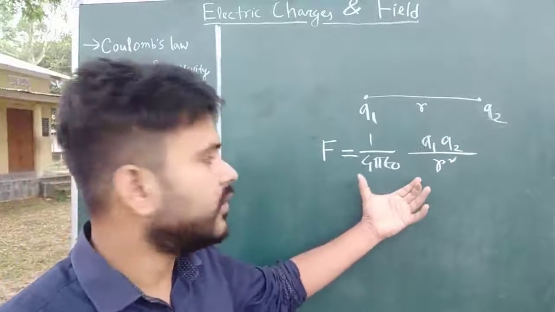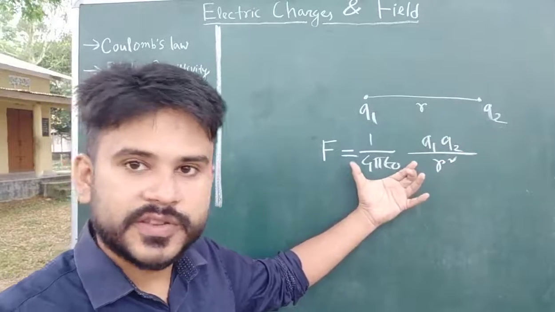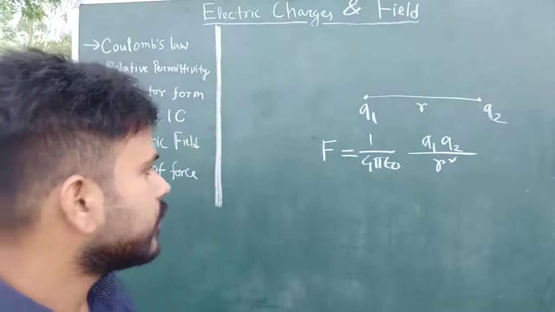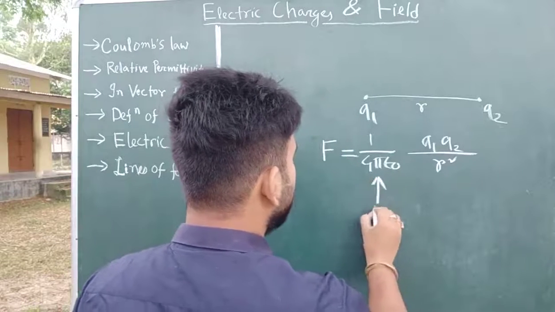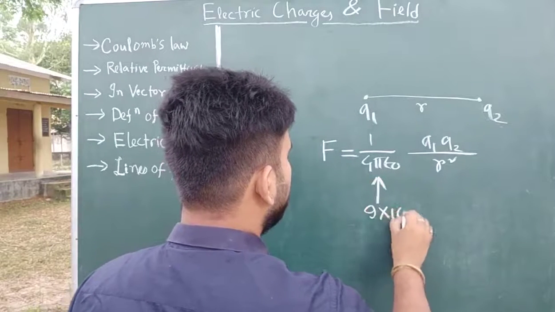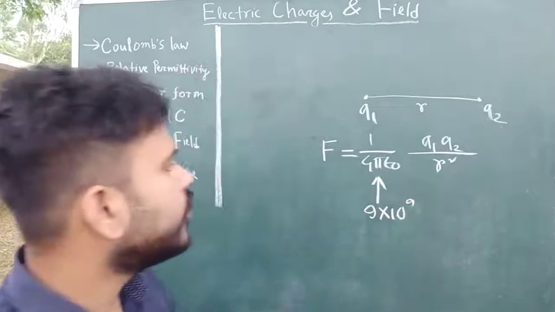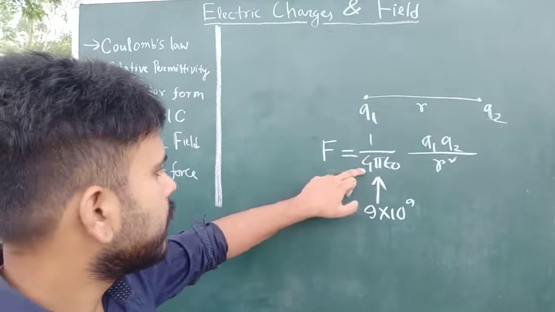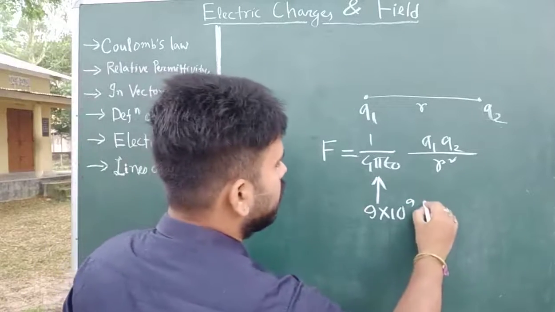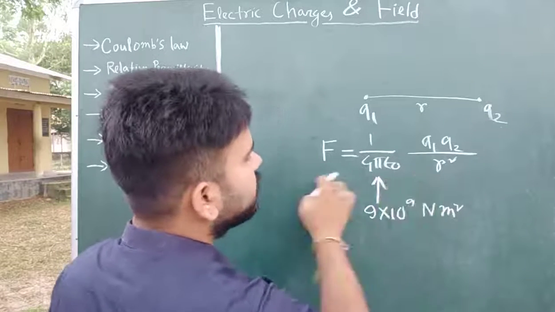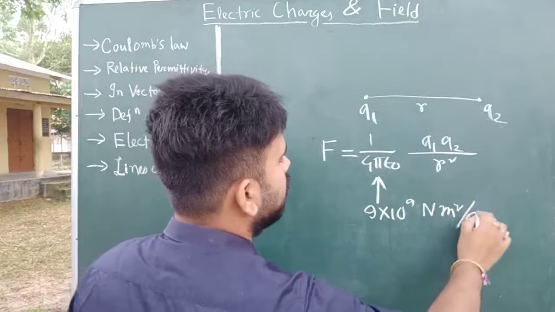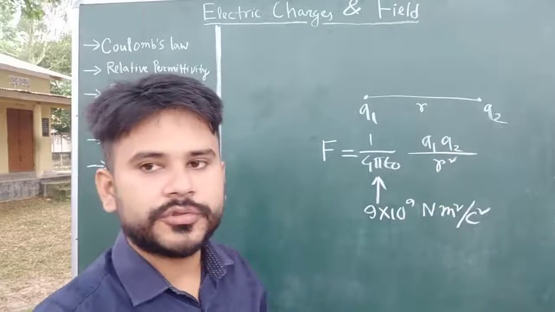Here in this part, 1 by 4 pi epsilon naught is a constant quantity, which has a value of about 9 into 10 to the power 9 Newton meter square divided by Coulomb square.